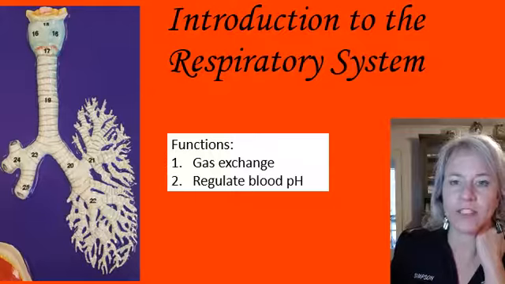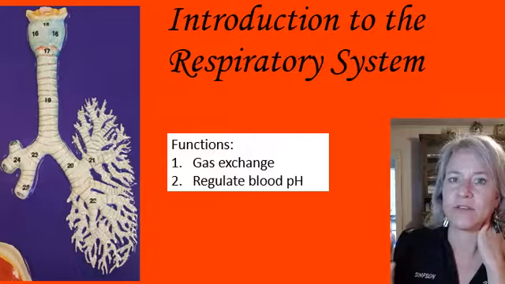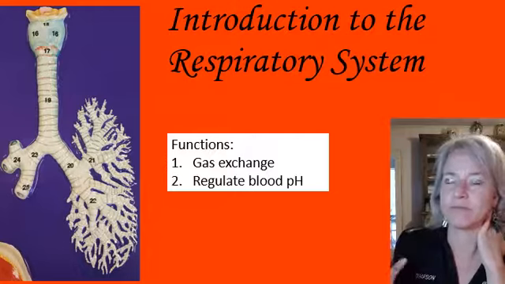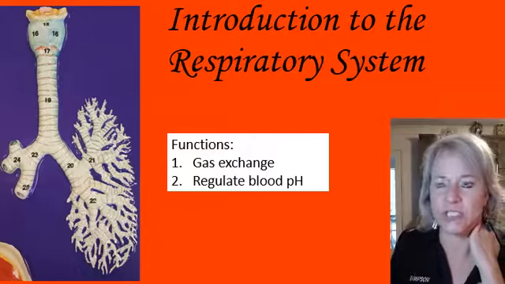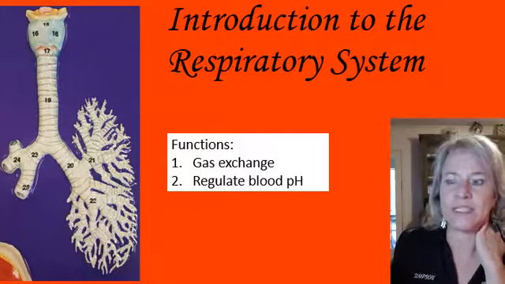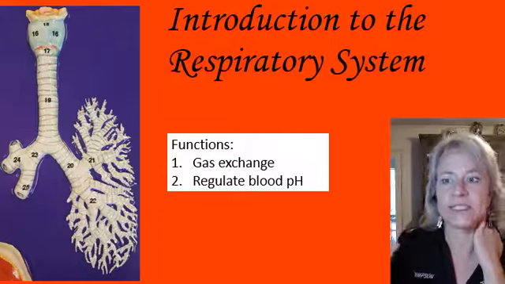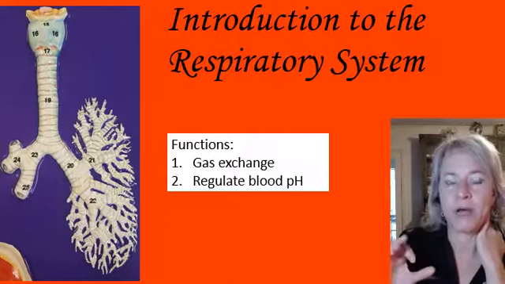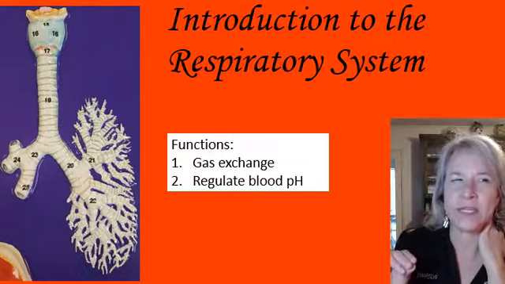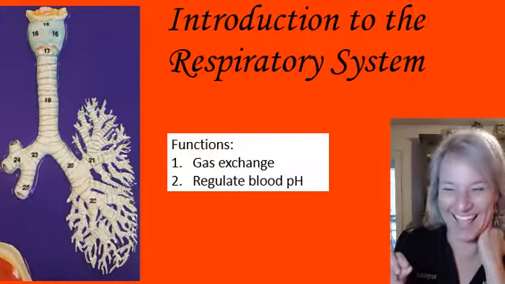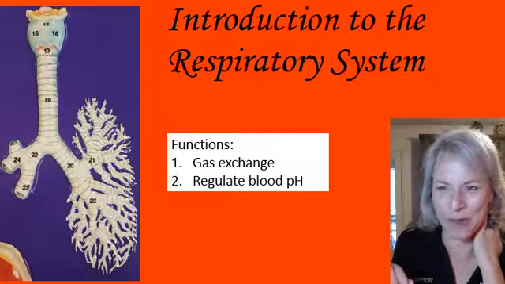And the other function I want you to know is that the respiratory system is the prime player in maintaining a constant blood pH. So what that means is the acid base component of the blood. Always, always, always the blood has to be between 7.35 and 7.45.